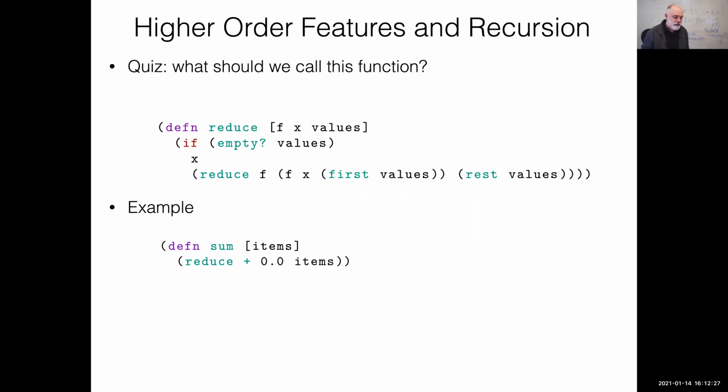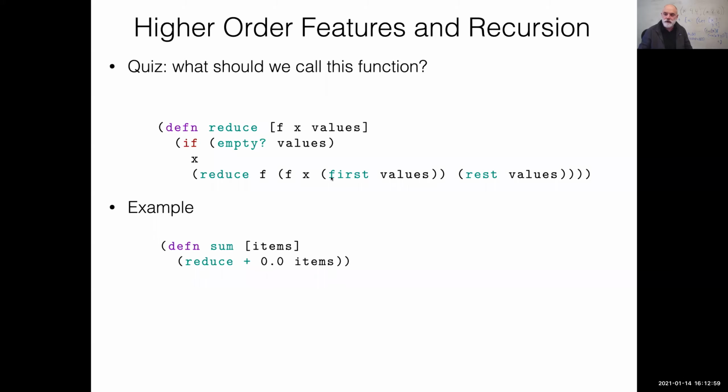So you can define a function called sum, which takes a list of items and reduces using the function f, starting at value 0.0, over the list of items. What ends up happening is a recursive call where you call f on the initial value 0 and the first element of the list.